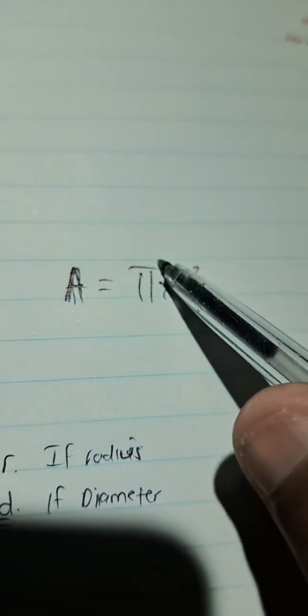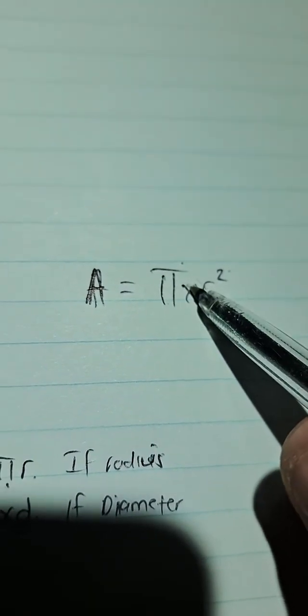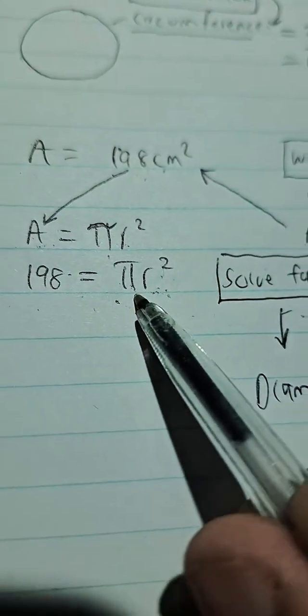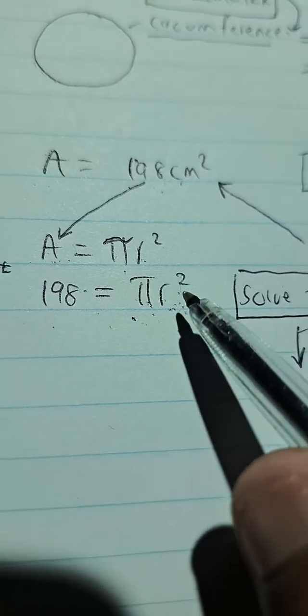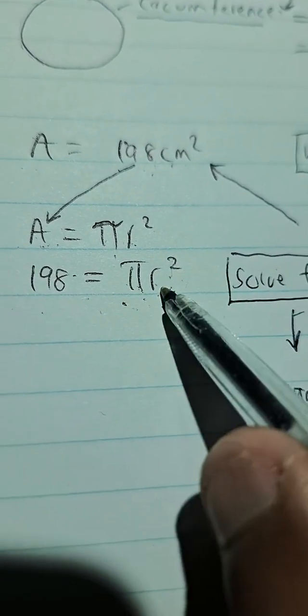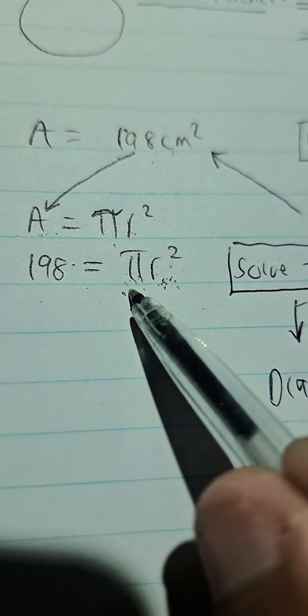The thing that combines pi and r squared together is the multiplication sign. Now I want r alone on the right hand side, so I need to get rid of pi.